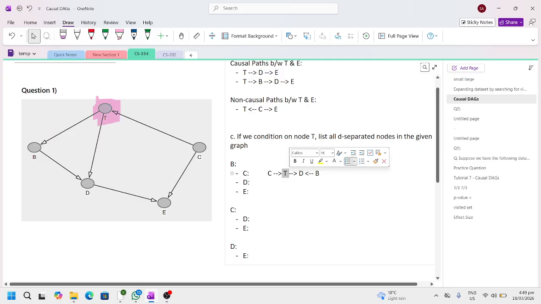But T is not a descendant of this collider, is it? No. Yeah, so this path is already blocked. Does that make sense?